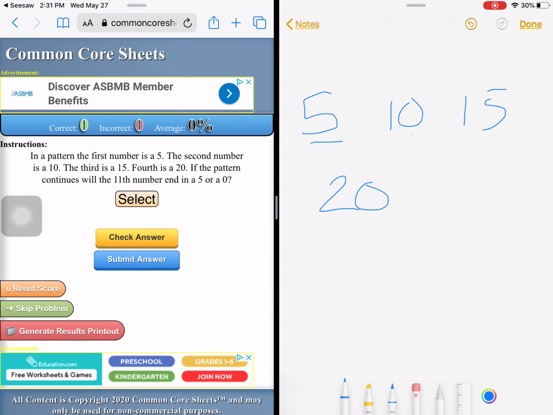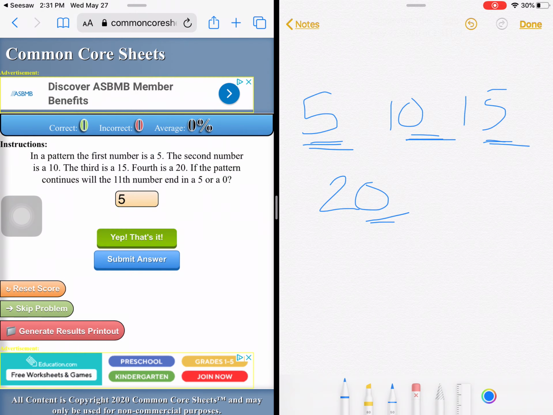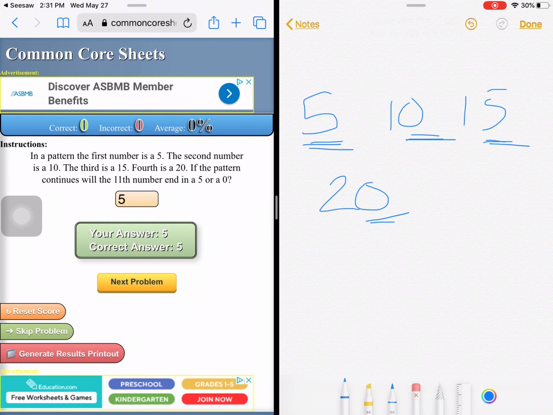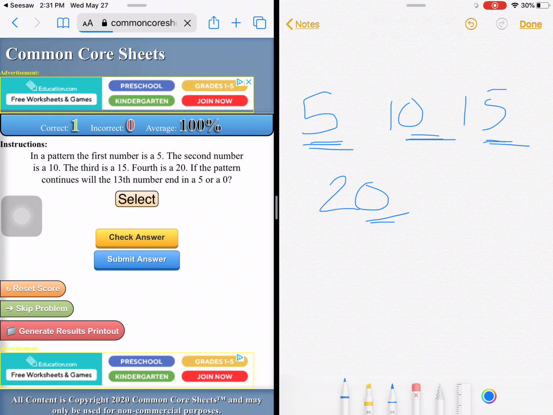So first, second, third, fourth, and then I'm going to just continue 5th, 6th, 7th, 8th, 9th, 10th, 11th. I'm just going to count the ones that are already there, because remember, when we count by 5s, it always goes 5, 0, 5, 0, 5, 0. So I'm saying it ends in a 5. Check my answer. Yes, that's it. If I notice the pattern, I'm going to use what I notice to figure out the rest.